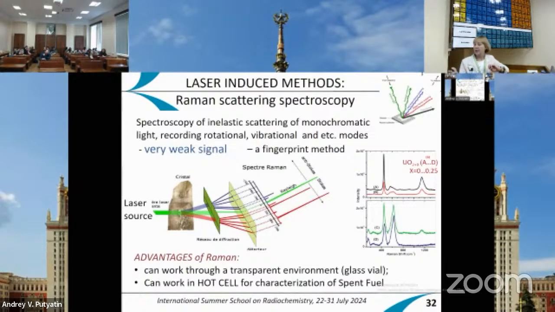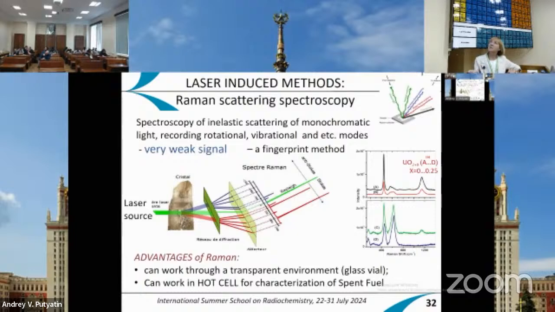For instance, for uranium oxides, we cannot separate different UO2+x oxides using only XRD, but using Raman spectroscopy, it is very simple to see very thin differences in these oxides.